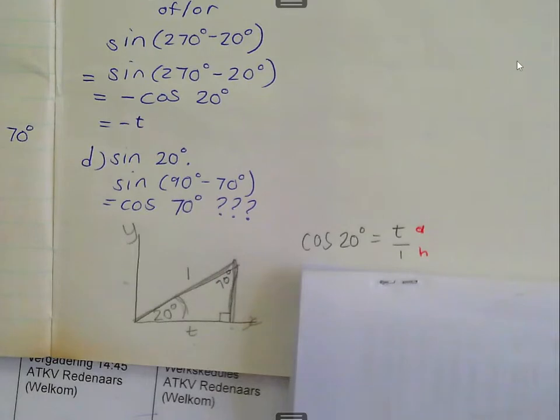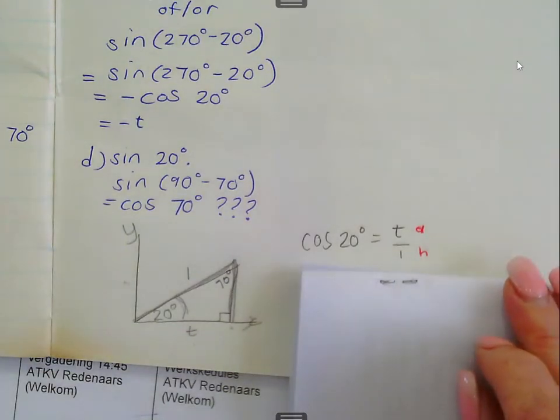I have a 90-degree triangle. Have you learned some method to help us find the unknown side of a right-angled triangle? What is it called? Pythagoras. Okay. So you understand what we're doing and why we're doing it. But what makes it difficult is doing Pythagoras in terms of t.